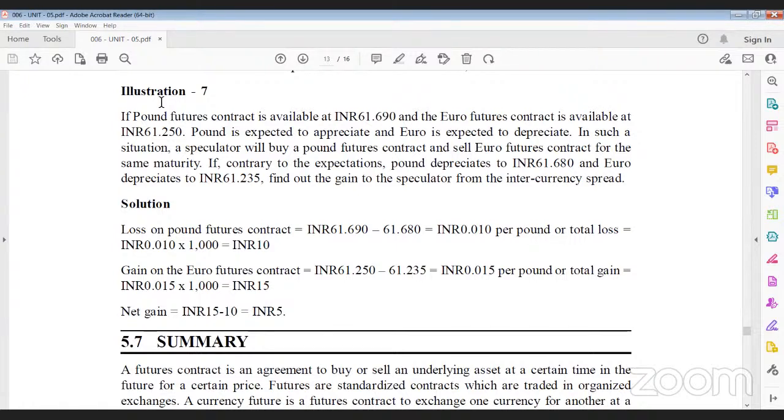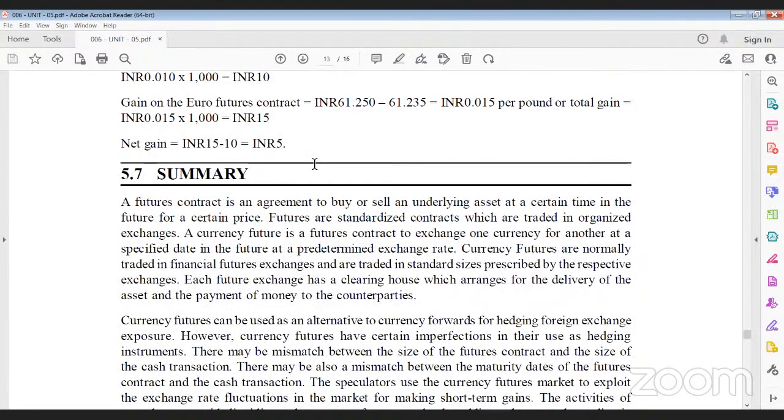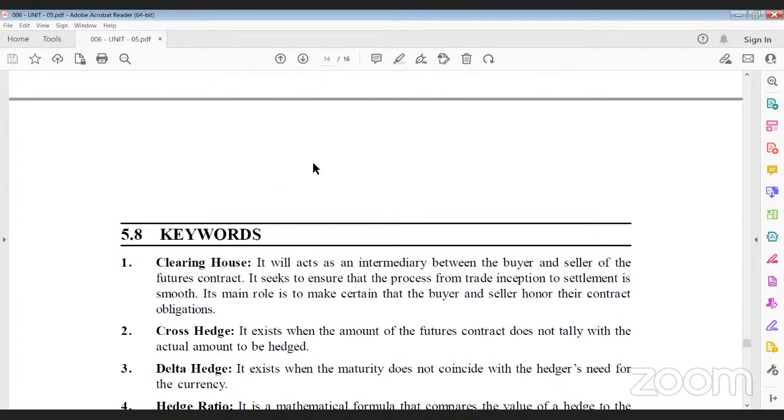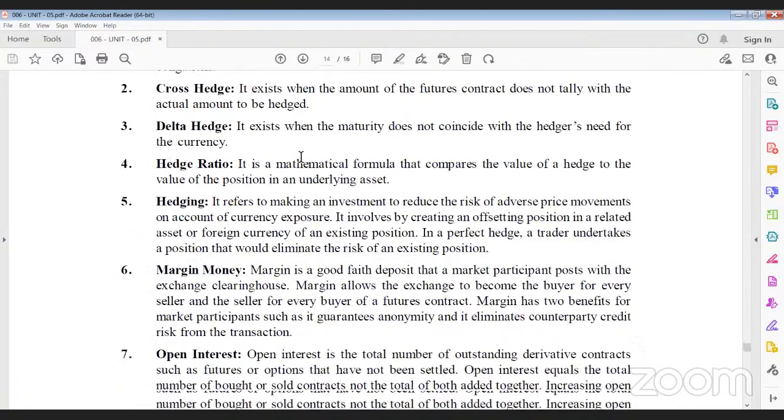Here you can clearly see, in case the speculator sold the pounds in expectation of the euro, the net gain you would derive is INR 15 minus 10, which is INR 5 as gain. Right? So this is how very simple and easy the problems are.